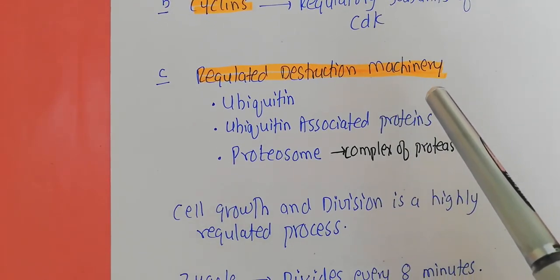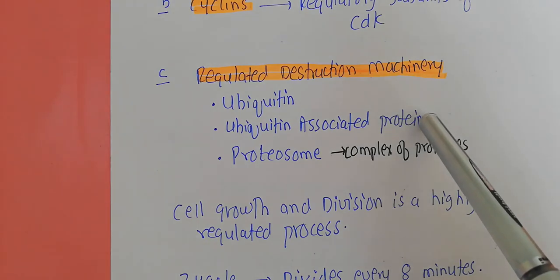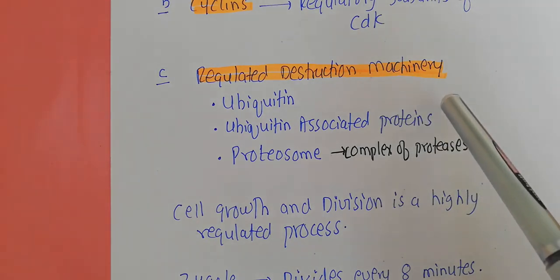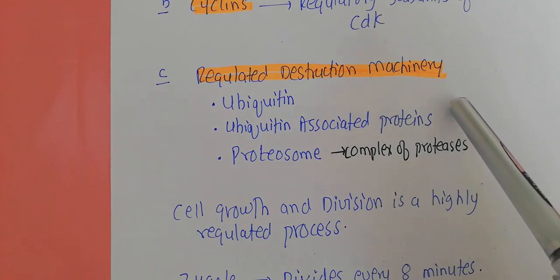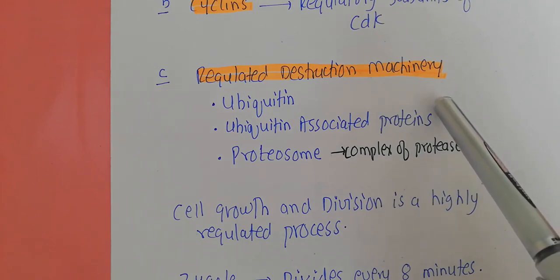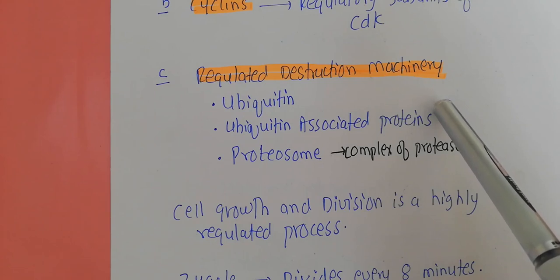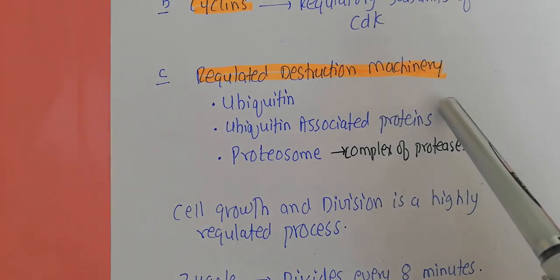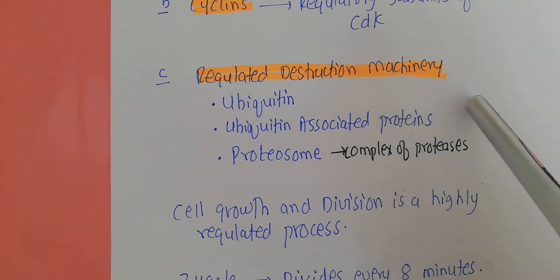Now our cells, or cells of all living organisms, when they need a protein, they synthesize it. When the function of that particular protein is over, the cells destroy that protein because its function is no more needed, and utilize the building blocks, that is the amino acids of that protein, for the synthesis of those proteins which are required at that particular time.